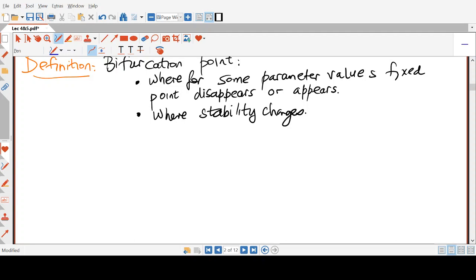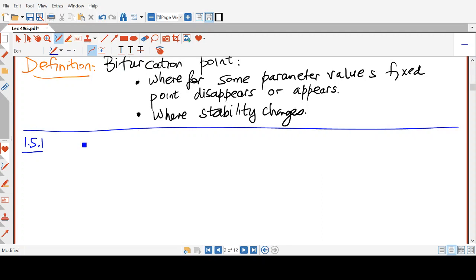We found that some fixed points were lost. Now let me label it as the book does, 1.5.1, saddle node bifurcation.